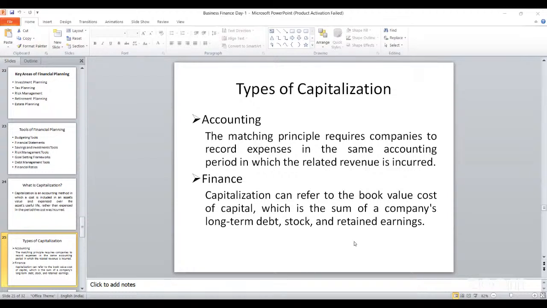For example, if you have a total number of shares as 1 billion and the stock price is $10, then what will be the capitalization? It will be $10 billion, 1 billion multiplied by $10. So ultimately, the market capitalization will be 10 billion.